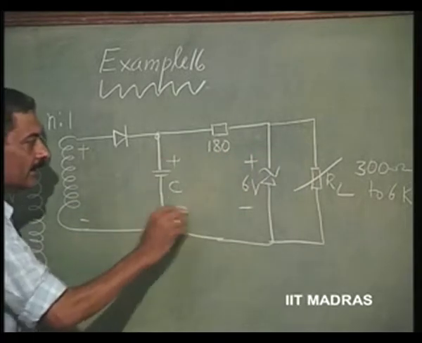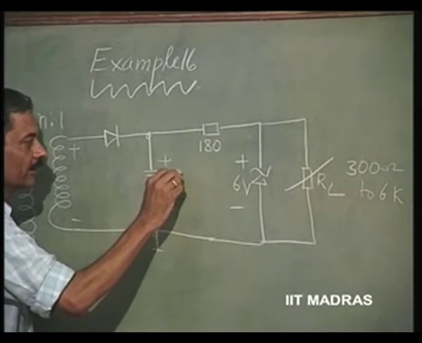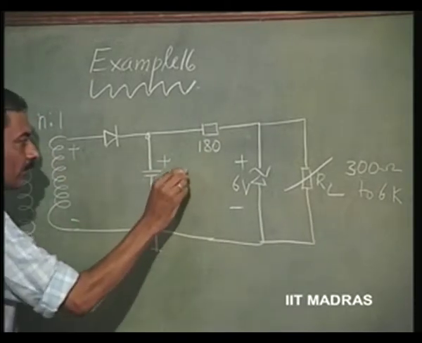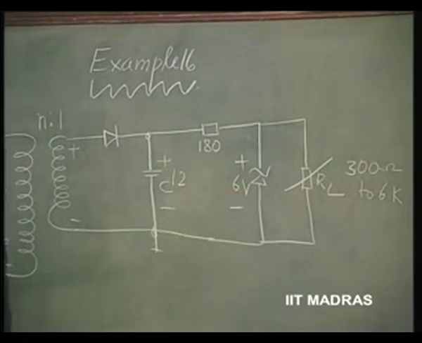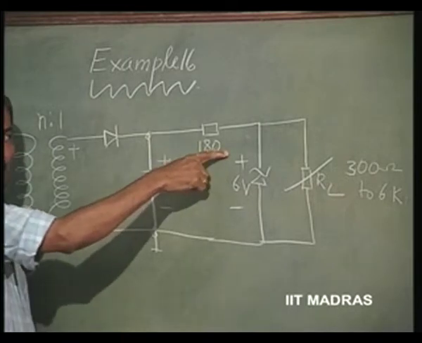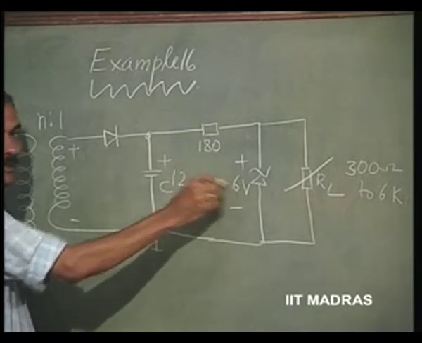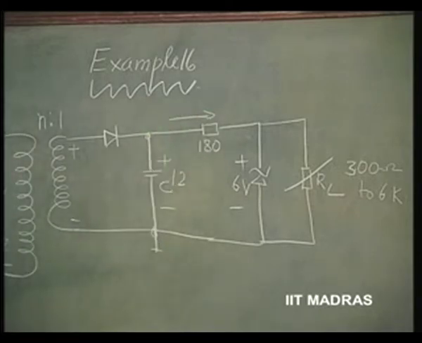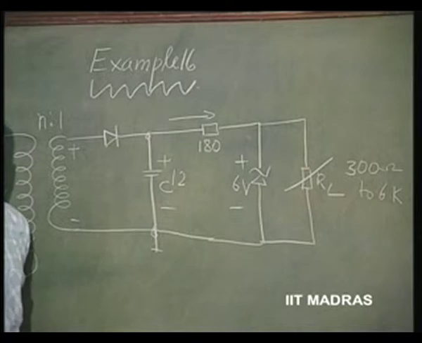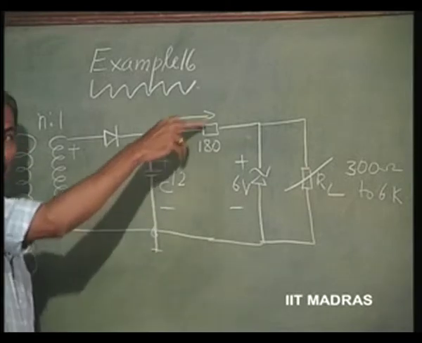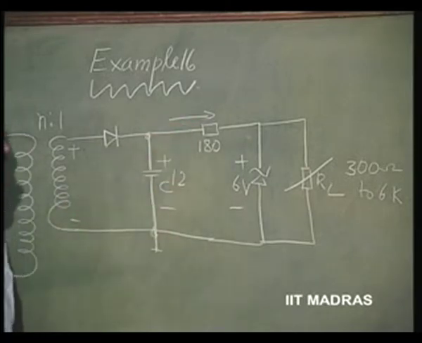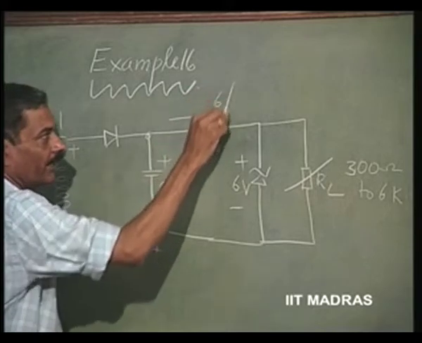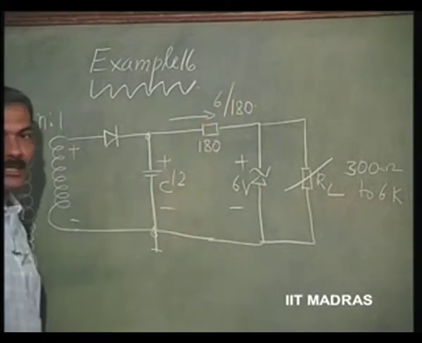If this is getting charged to 12 volts, this is 6 volts. The drop across this is now 12 minus 6, 6 volts, and the current in this is fixed. So, 6 volts divided by 180 is the current in this.